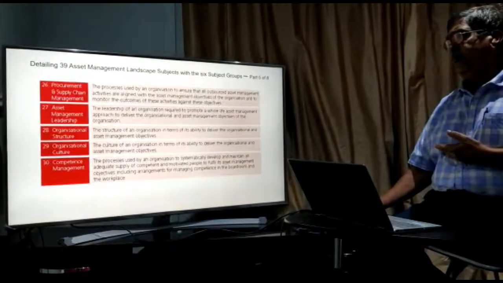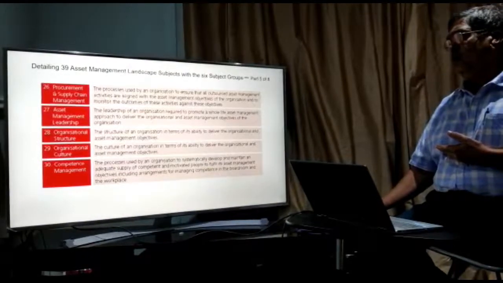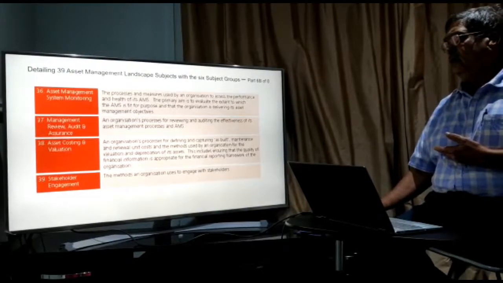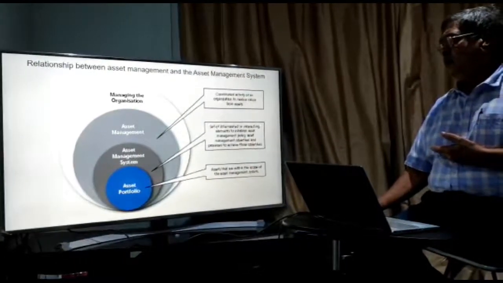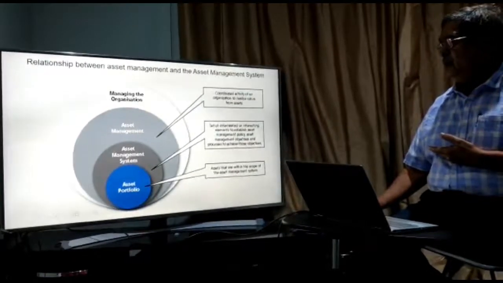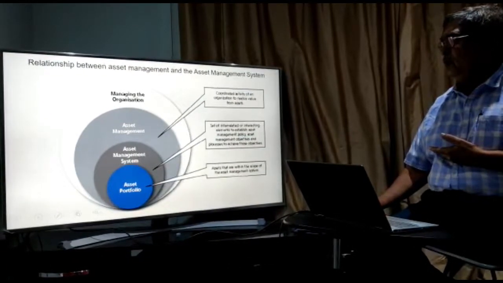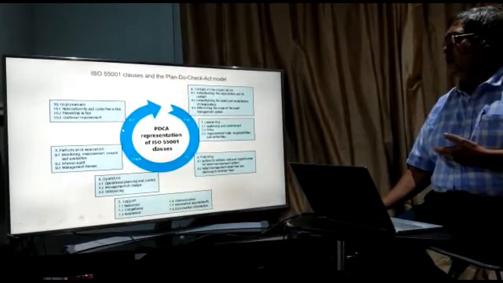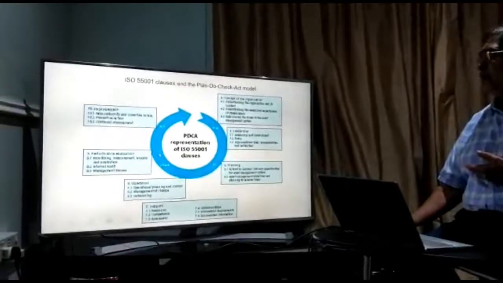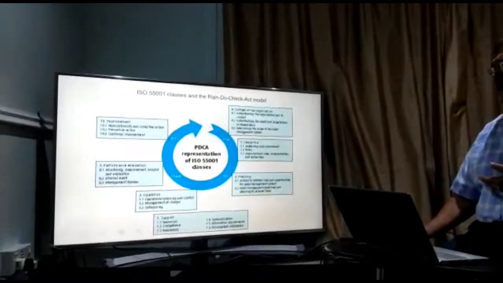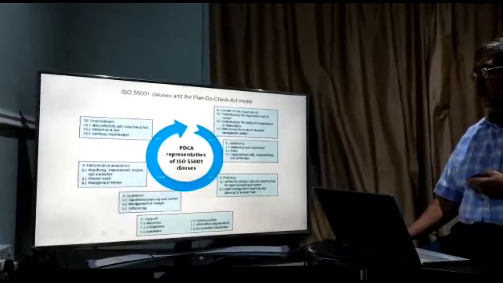This is how PAS 55 was managing. We are talking about asset management, which has a management system and a portfolio. Managing the organization comes out of it. This is where the clauses and the PDCA, plan-do-check-act cycle, come in ISO 55000.